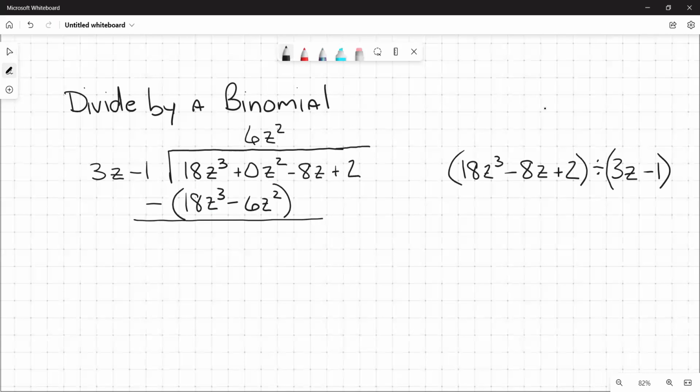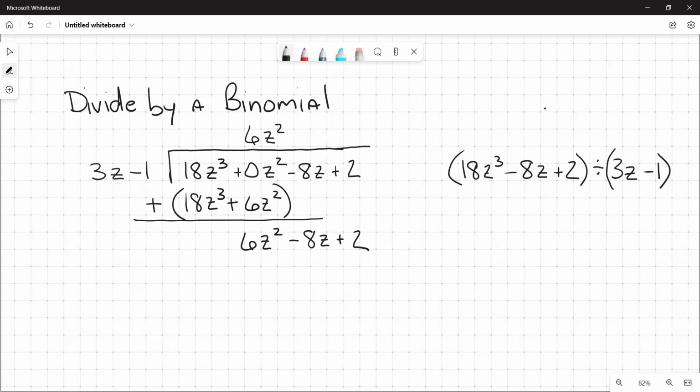So the 18z to the third minus the 18z to the third is a 0. Now we got 0z squared minus negative 6z squared. So that's a keep, change, change. That gives us 6z squared minus 8z plus the 2.